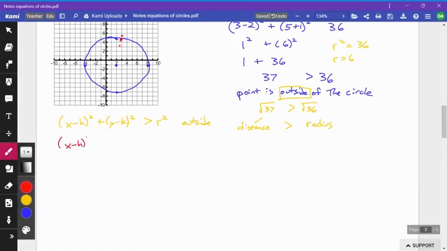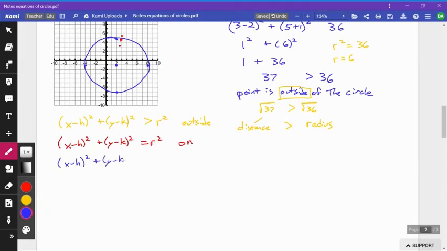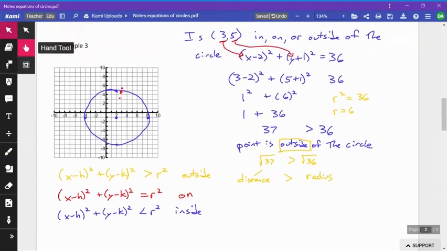If x minus h squared plus y minus k squared equals r squared, it's going to be on. And if x minus h squared plus y minus k squared is less than r squared, it's going to be inside. So these are things to think about as we remember our graphs aren't going to be very accurate. So what can I do to prove that a point is in, on, or outside? All I do is I go through and I plug it in and then compare.